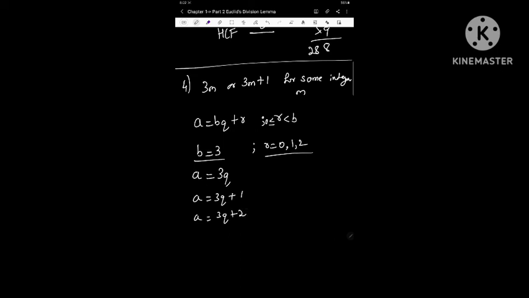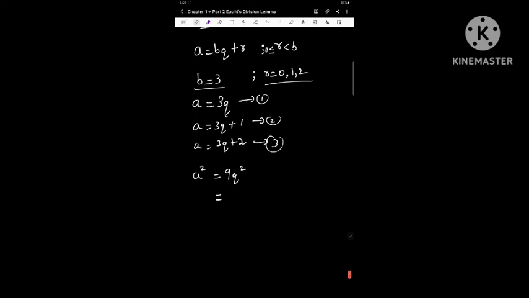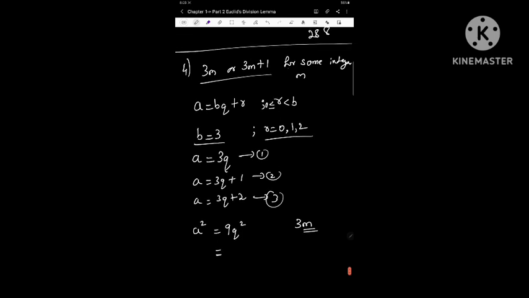r equals 2. So now what they have asked is to show that square of any positive integer is either of form 3m or 3m plus 1. So now let's square this. Okay, first let's name these equations 1, 2 and 3. So on squaring equation 1, what do we get? a square equals 9q square. Now we have to represent it in the form of 3m, where m is some positive integer.